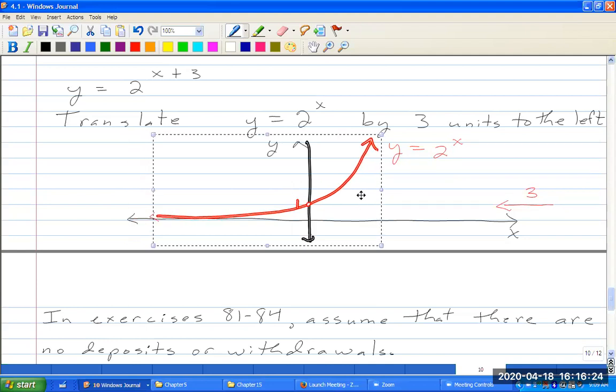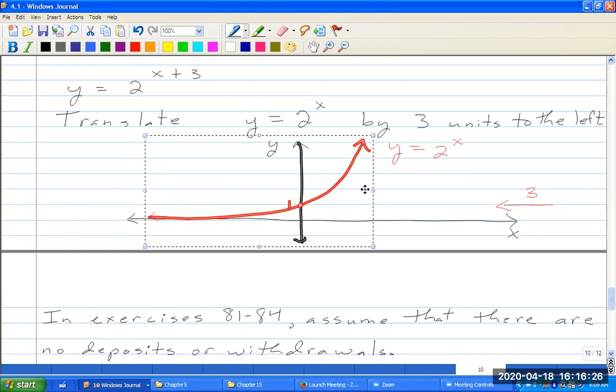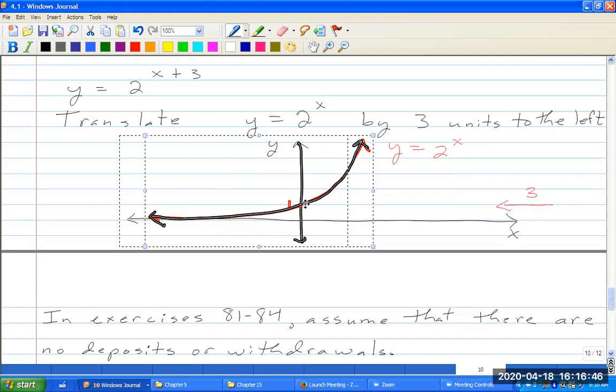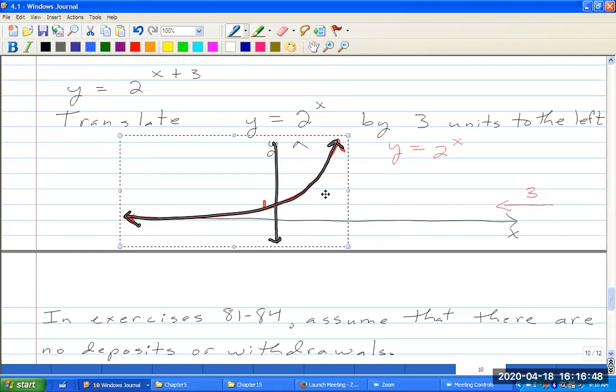So all I'm going to do is move this 3 units. Of course, now it's going to move both of them. Wouldn't you know that?